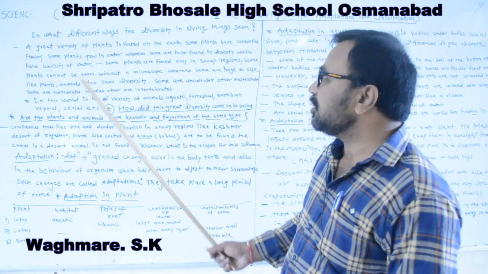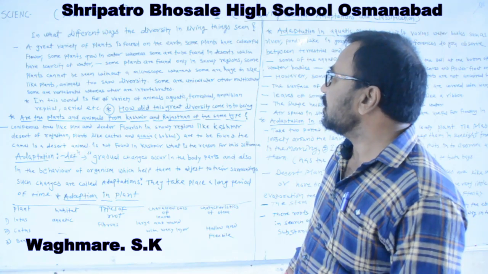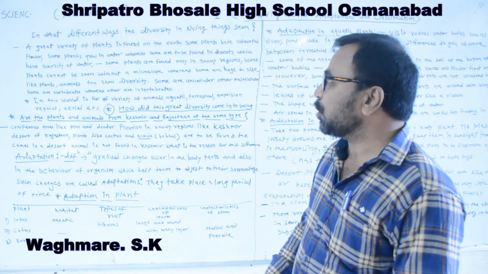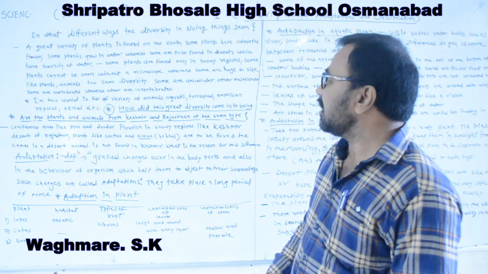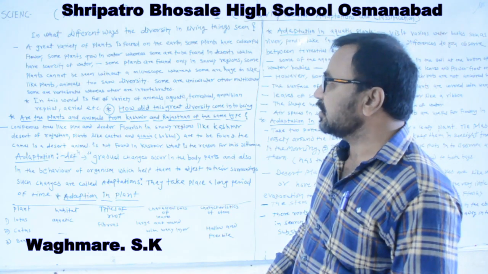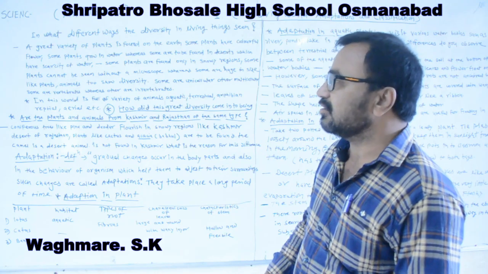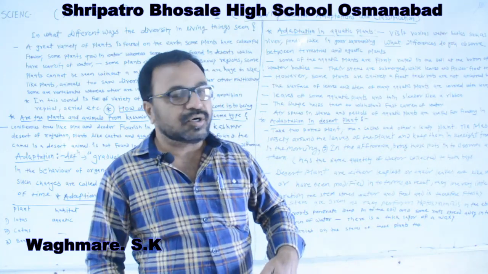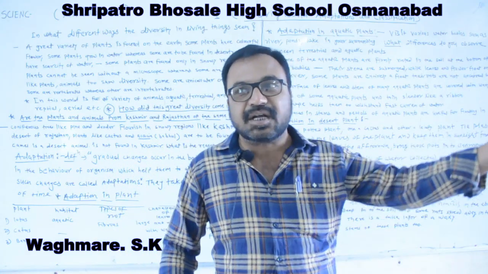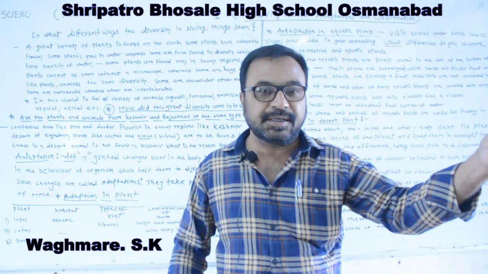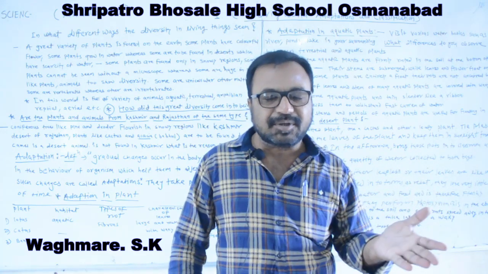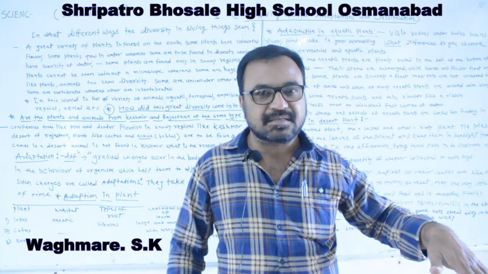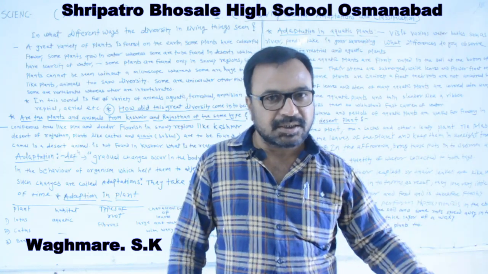A great variety of plants is found on the earth. Some plants have colorful flowers, some plants grow in water, whereas some are found in the desert, which has a scarcity of water. When we observe the earth's surroundings, we see a variety of plants. Some plants are big, some are small.